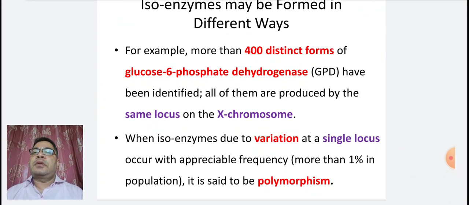For example, more than 400 distinct forms of glucose 6 phosphate dehydrogenase have been identified. All of them are produced by the same locus on the X chromosome. When isoenzymes are due to variations at a single locus and occur with an appreciable frequency, that is more than 1% of the population, it is called polymorphism.